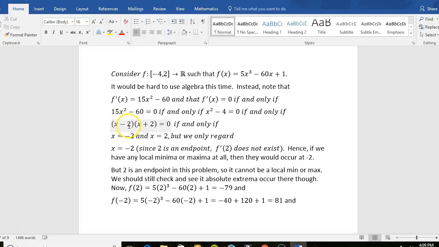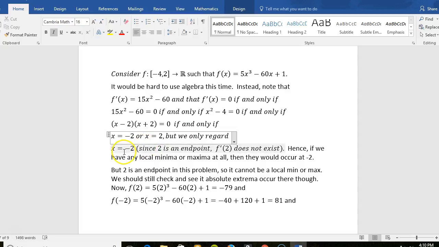Then we use difference of squares factoring, and set each factor equal to 0 by the zero factor property. Either x equals negative 2 or x equals 2.